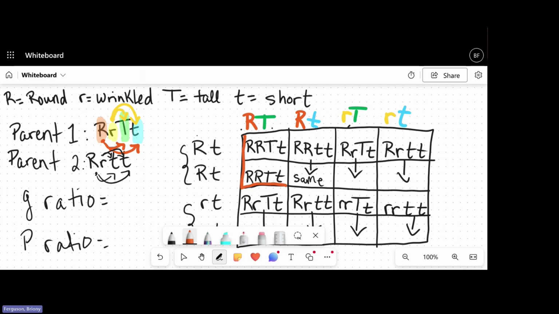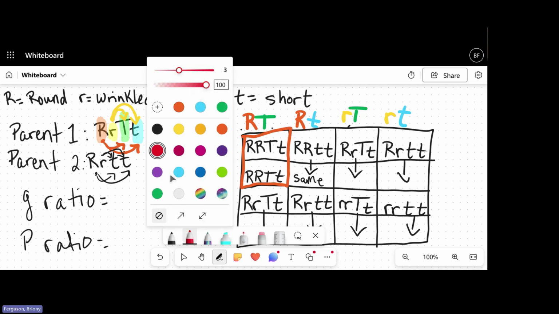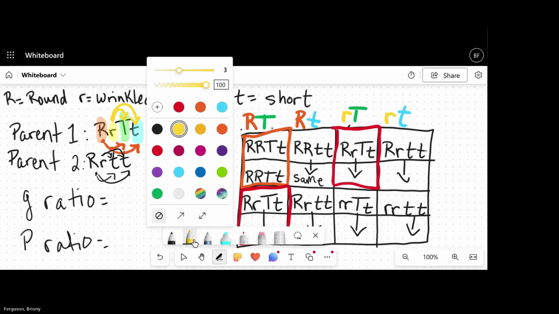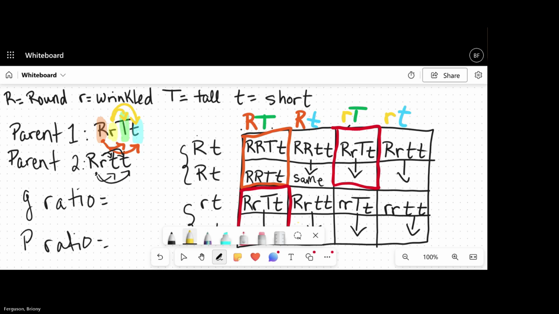You can see that we have these as the same. However, we also have this one. It's going to be the same as this one right here. It's going to be heterozygous for both traits. We have this where one trait is homozygous dominant and one is homozygous recessive.